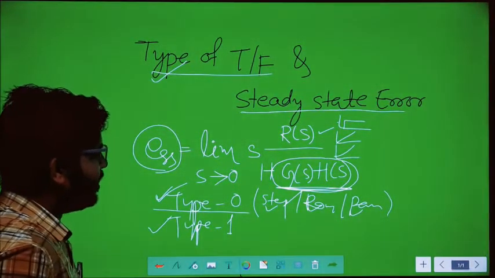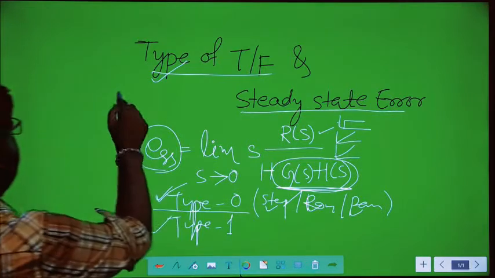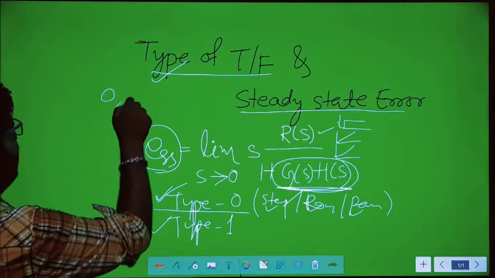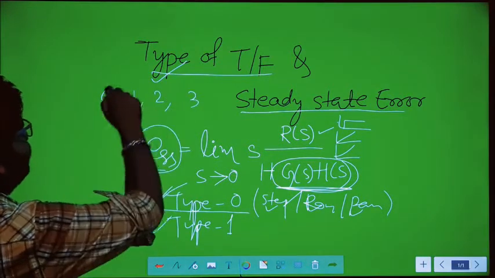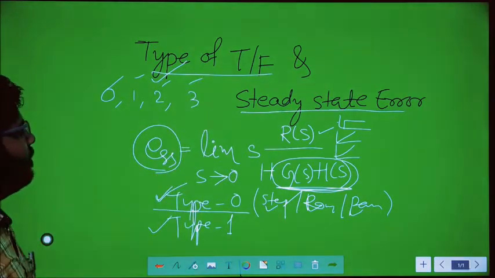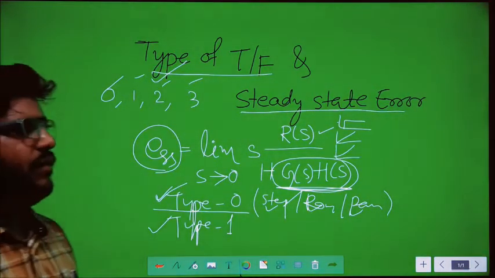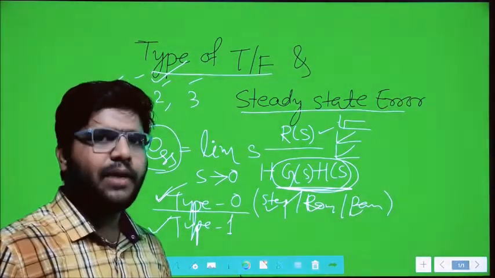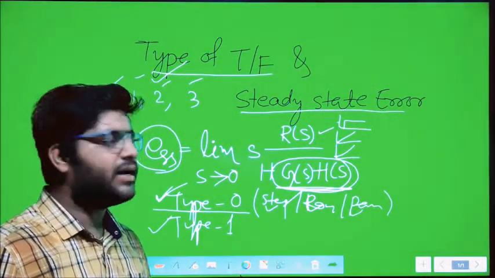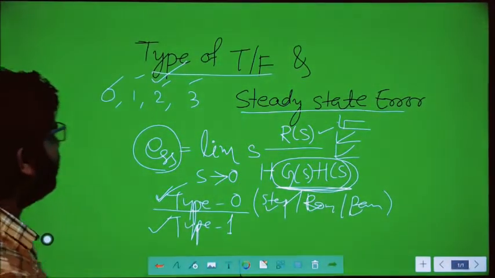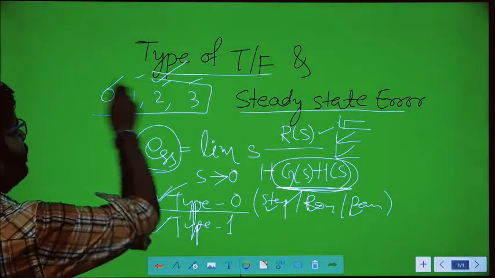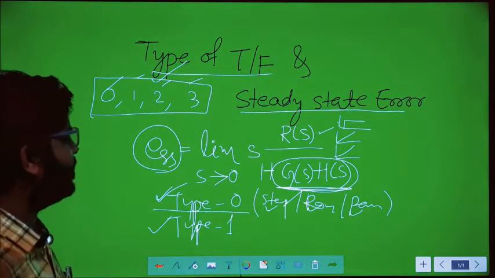We basically go up to type 4 systems, that is type 0, type 1, type 2, type 3. If you go for higher study, you might see equations of higher order or higher type, but we will go up to a maximum of type 3 systems.